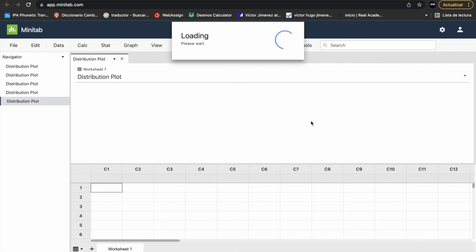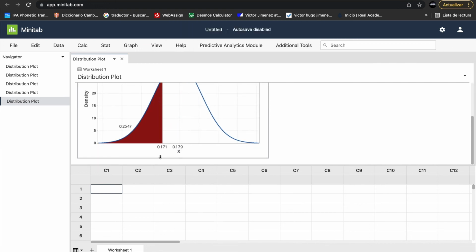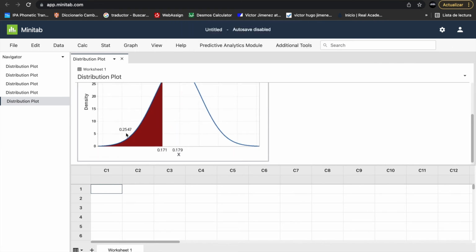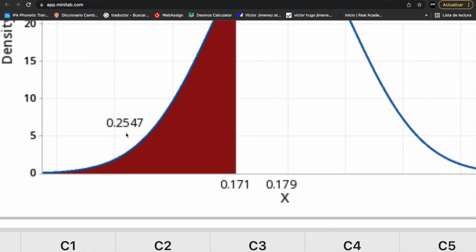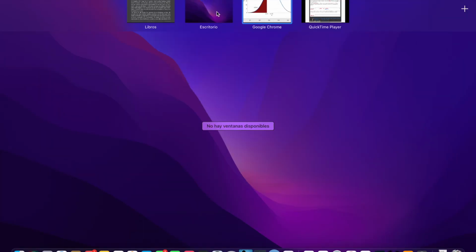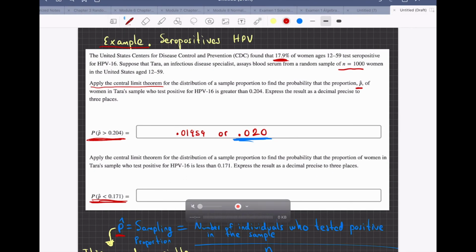OK, OK. And the probability of the area is 0.2547, or rounded, 0.255. And there you have it, that is the answer.